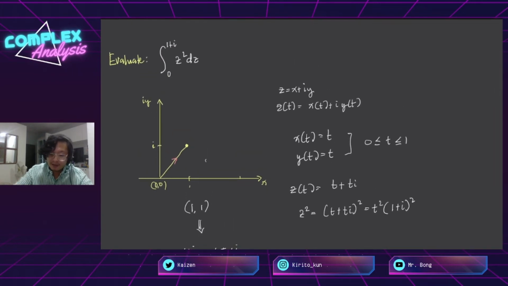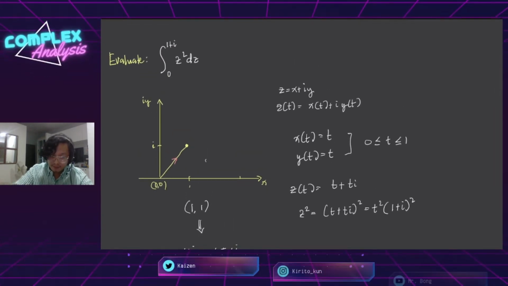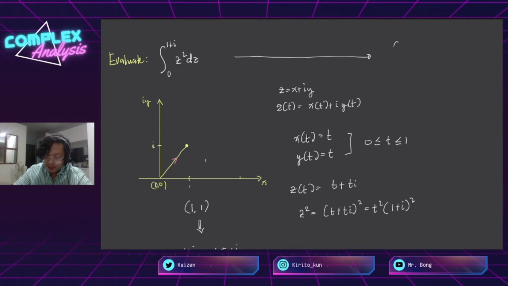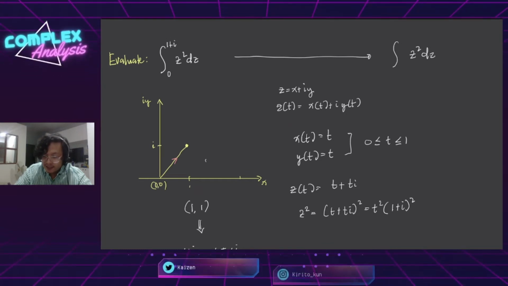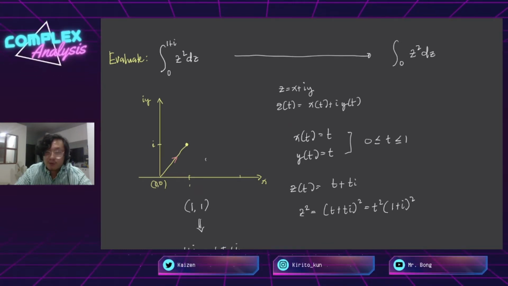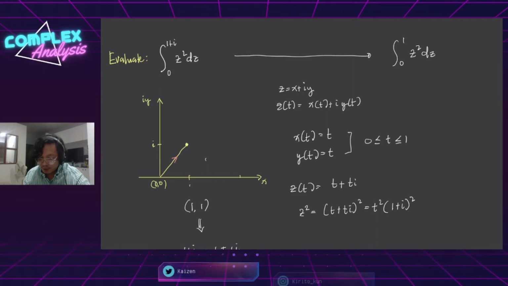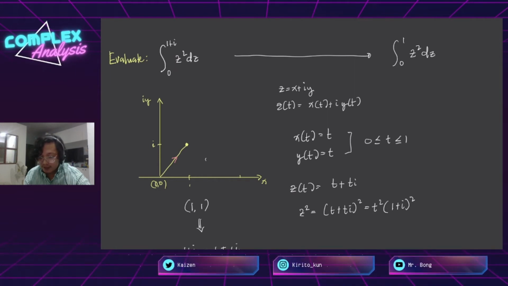So we can rewrite this as the integral of z squared dz from 0 to 1, right? And this z squared is the same as t squared times (1 plus i) quantity squared, right?